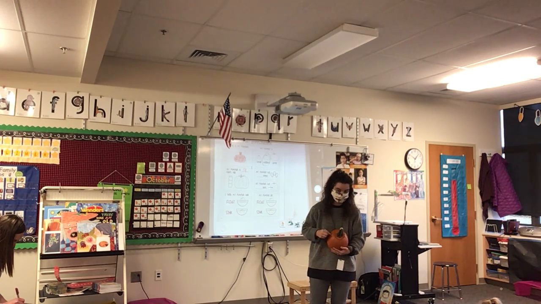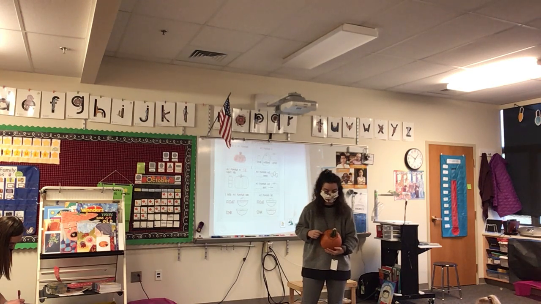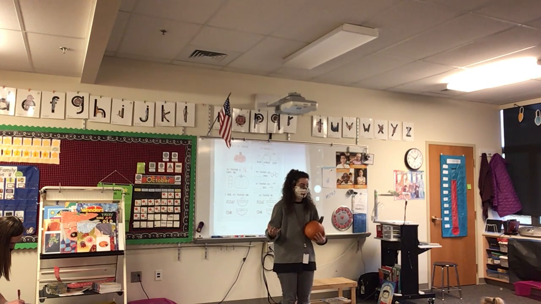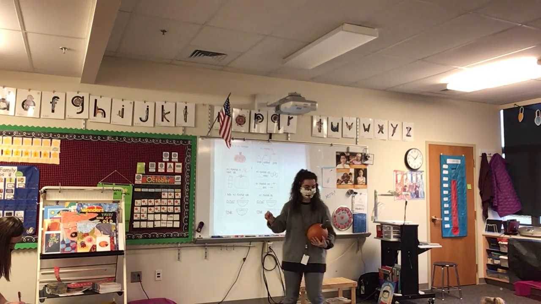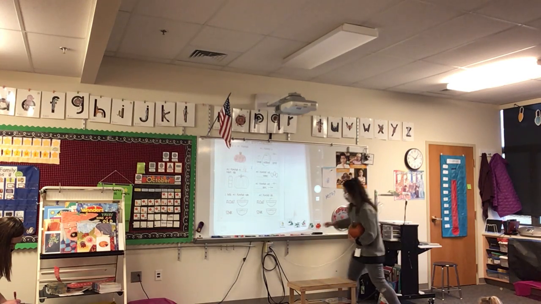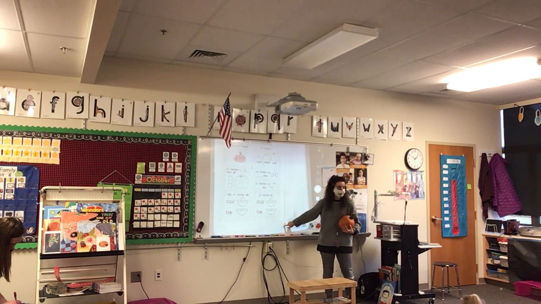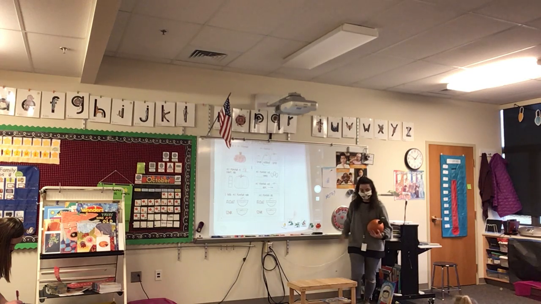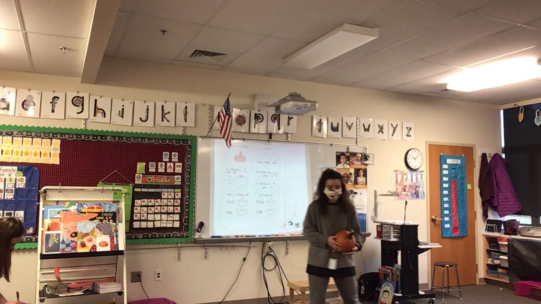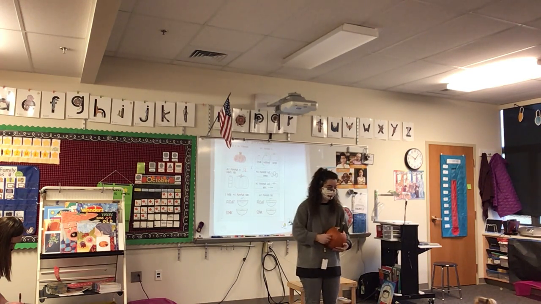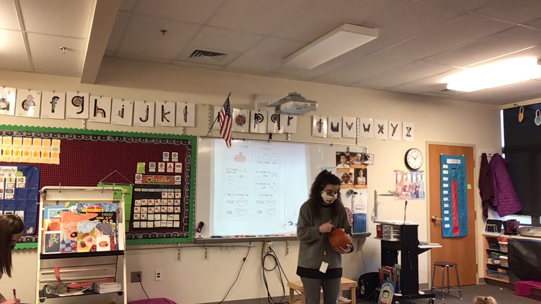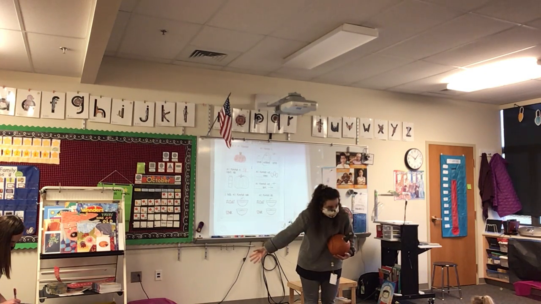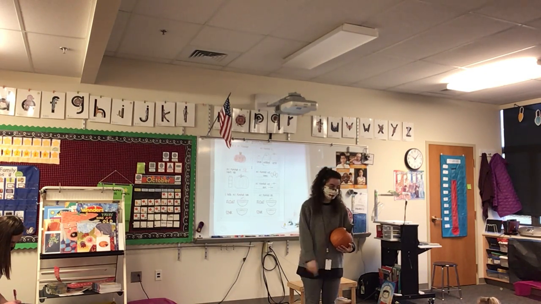So what does a seed do? Grow. You need a seed to make a pumpkin grow. So it's really cool when your pumpkin has lots of lines, because that means there's more seeds, more pumpkins to grow. So that's kind of cool.